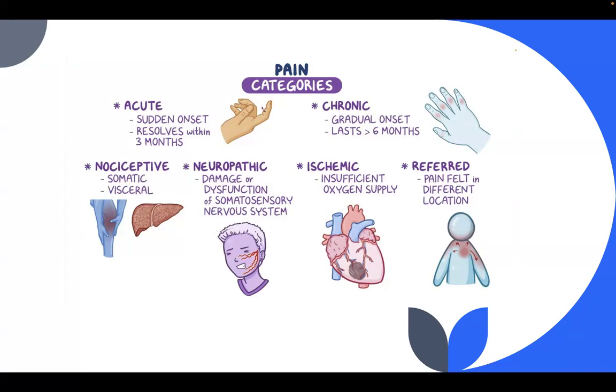It can be categorized in different categories. We have the most common, acute versus chronic. When we talk about acute, that's usually when pain starts suddenly and ends when its cause is treated or healed, right?